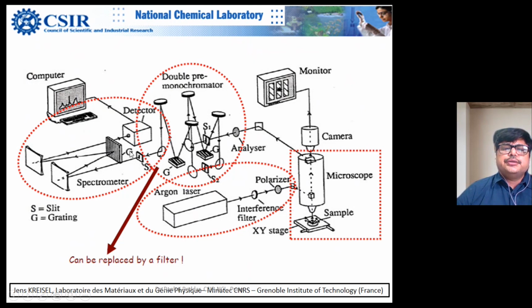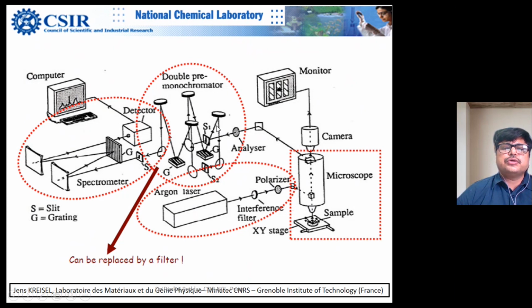Now, this is called a double pre-monochromator, and it can be entirely replaced by a Rayleigh filter. It is doing the job of a Rayleigh filter, but it is much better, because with this monochromator instead of a filter you can go much closer to the Rayleigh line.